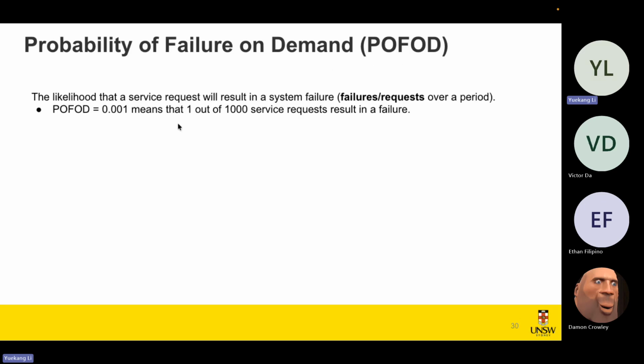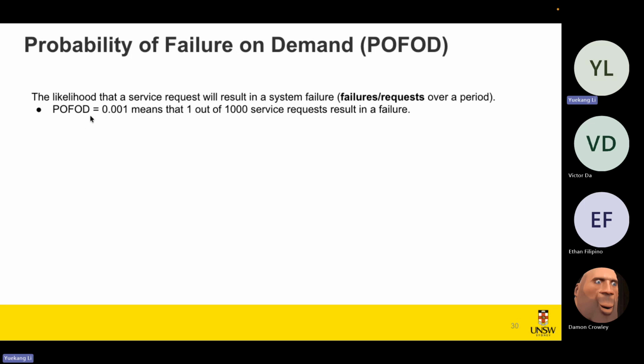It is used to measure the probability that a service request will fail over a period. The calculation is very easy. It's a probability, calculated as the number of failures divided by the number of total requests in a period of time.